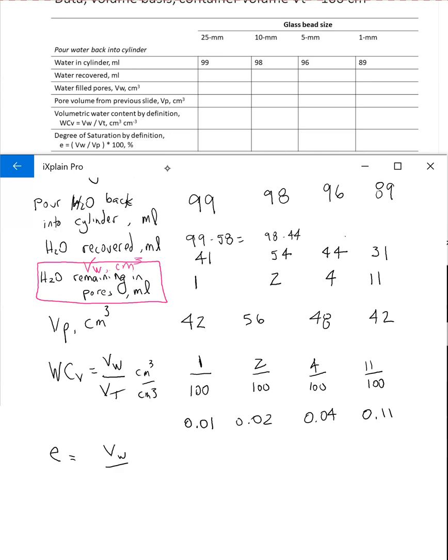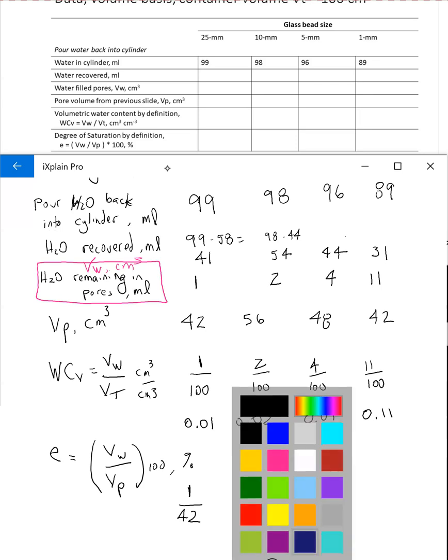The volume of water, we divide that not by the total volume, but now by the volume of pores, and we're going to multiply by 100 because the answer is in percentage. So what do we have now? We have a volume of water. In this case, it was 1, and our pore volume was 42 for this one.